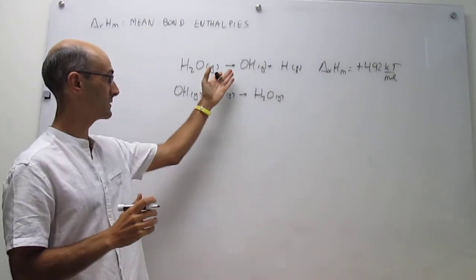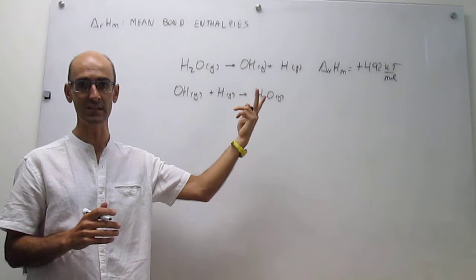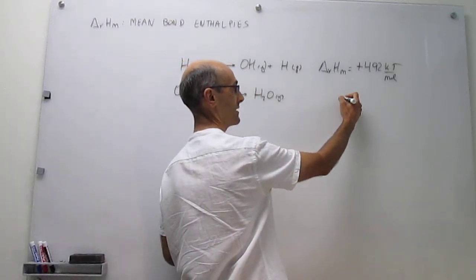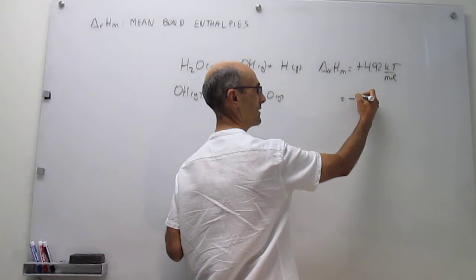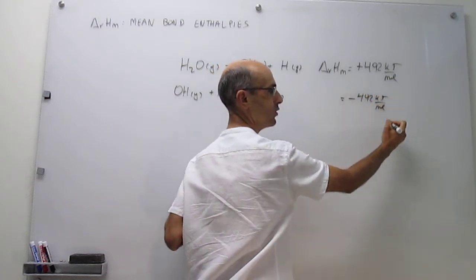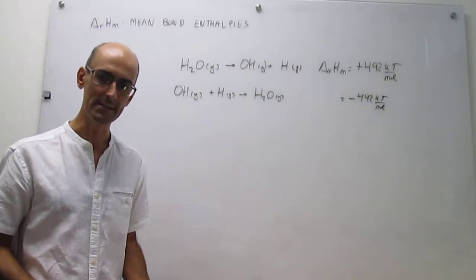So because enthalpy is a state function, and the only thing that we've done here is simply change the initial and the final state, the value of the reaction enthalpy will be exactly the same, but with opposite sign. Okay, minus 492 kilojoules per mole. Forming this bond will release energy, and breaking the bond requires energy.